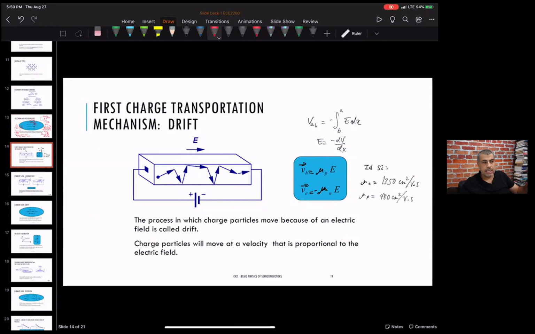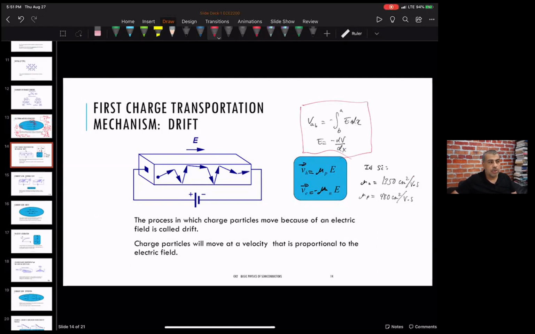The electric field is the negative of the change in voltage with respect to distance. I'm hoping you remember these equations. By putting an electric potential across a conductor, you've put an electric field across it, and that field pushes the electrons in a certain direction.